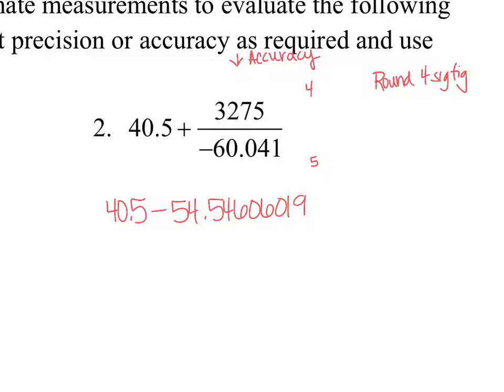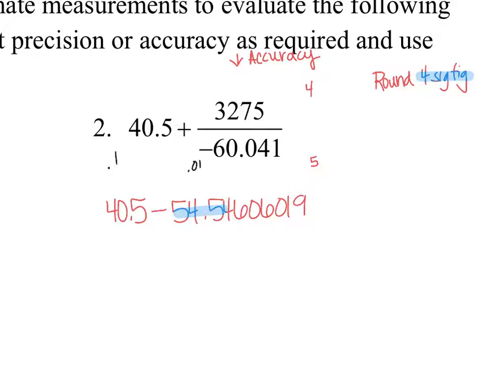Now, because we have 4 sig figs, right now we would technically round here if we were done. But we're not. Now we have to add or subtract. And the precision for this is 0.1. The precision for this answer would technically be 0.01 if we were done and did our rounding, because that's where our 4 sig figs are.